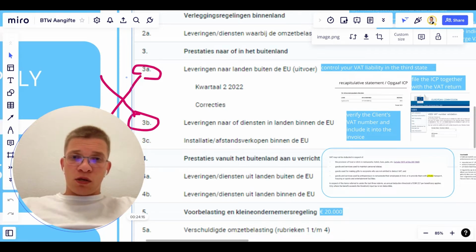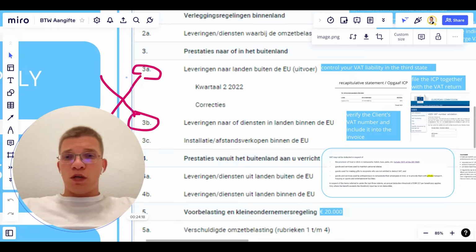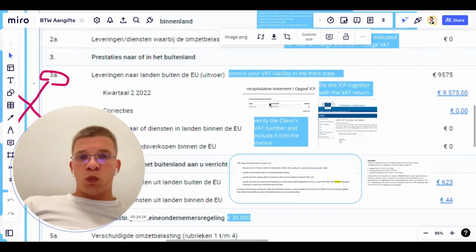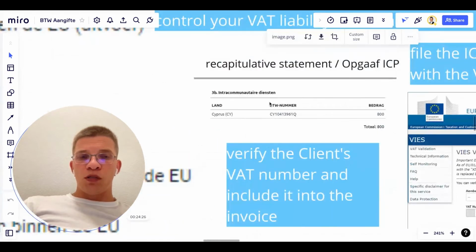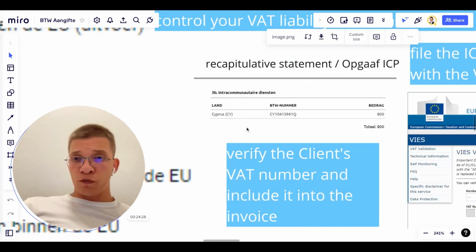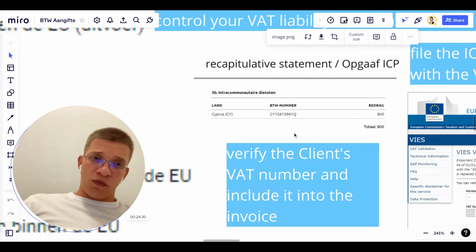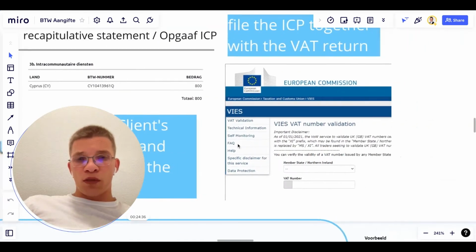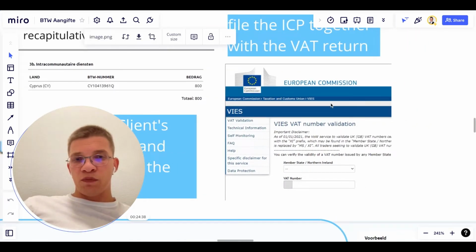In the case of the EU member states, you have to do the following. You have to, first of all, indicate the VAT number of your client in the invoice and verify the client's VAT number with the European VAT number validation system.